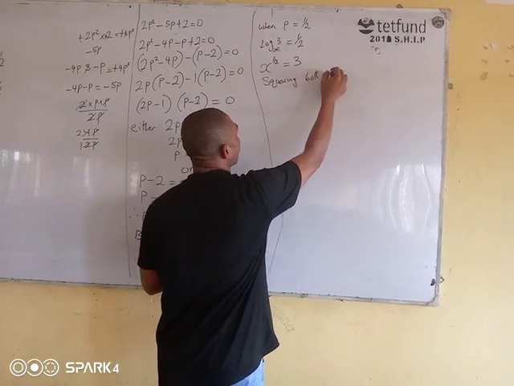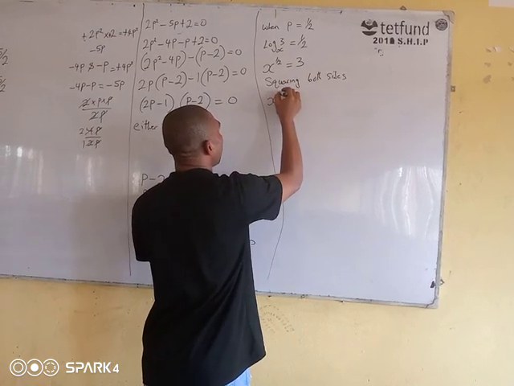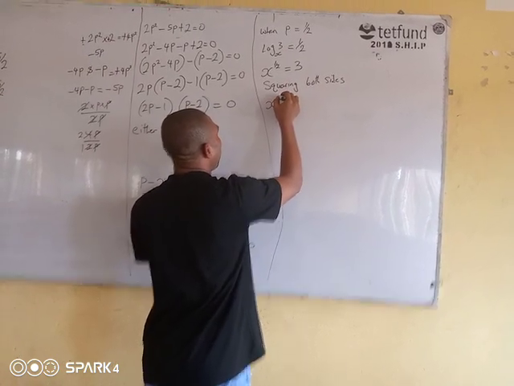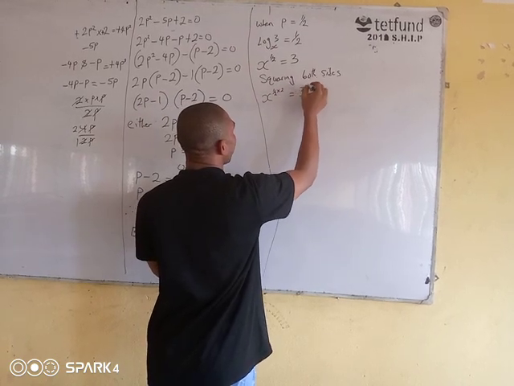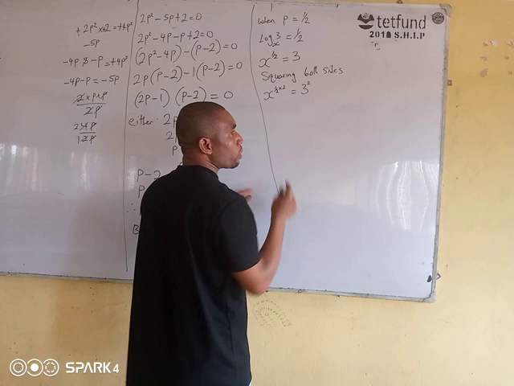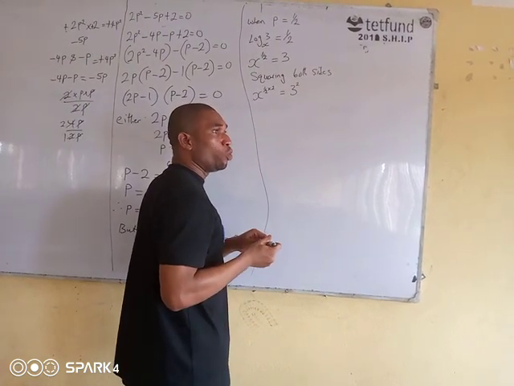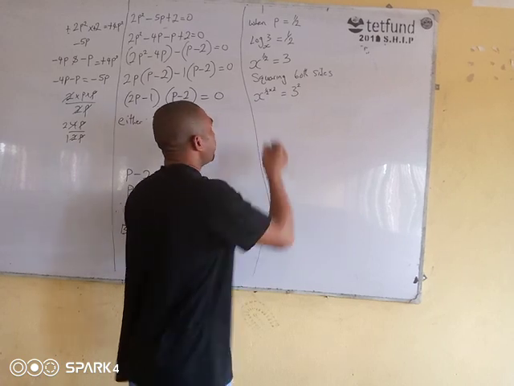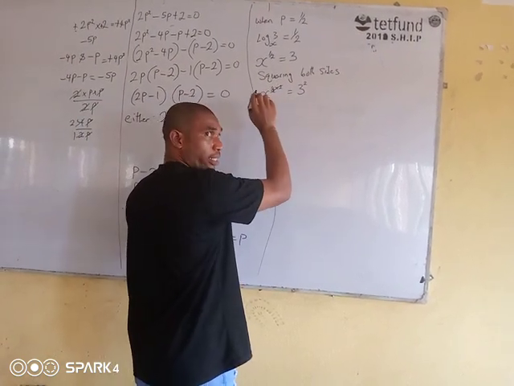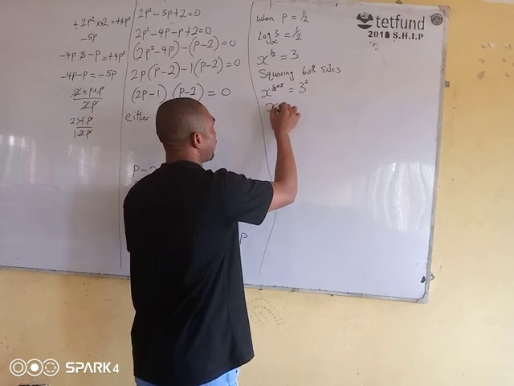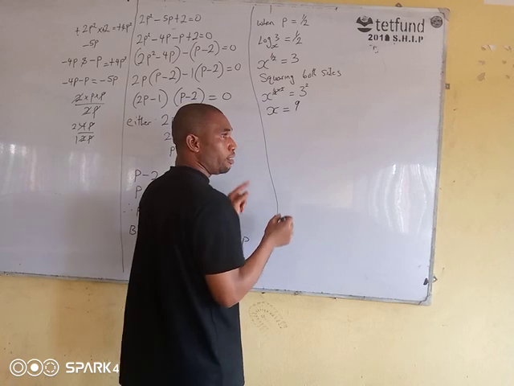If I square both sides, I'm going to have x raised to power 1 over 2 multiplied by 2 is now equal to 3 raised to power 2. Remember, whatever you do on the left hand side, you must also do to the right hand side. Now, 2 cancels out 2. Now x is standing on its own. X is now equal to 3 raised to power 2, which is 9. This is the first solution for x.